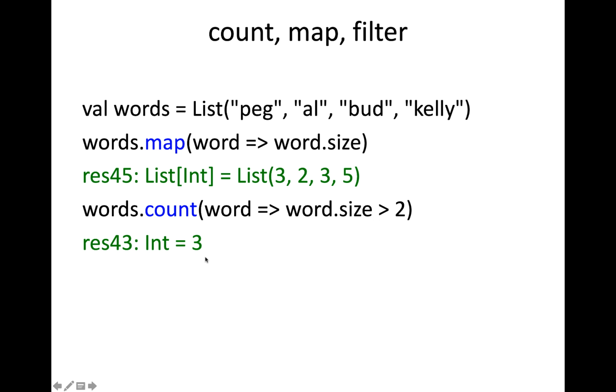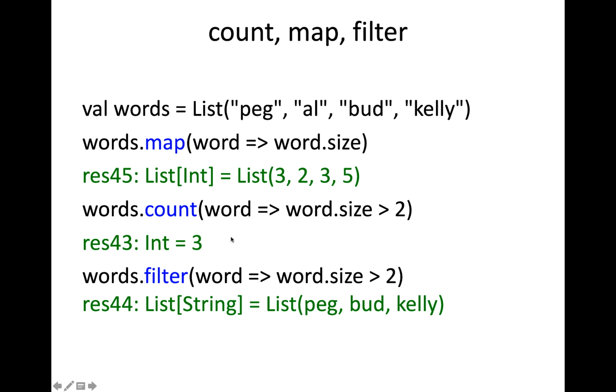Make sense? Now we have another higher order function called filter, and what it does, it is similar to count. The difference is it collects those items in the list for which the given constraint gives us true result. So here count was returning 3 as the output.